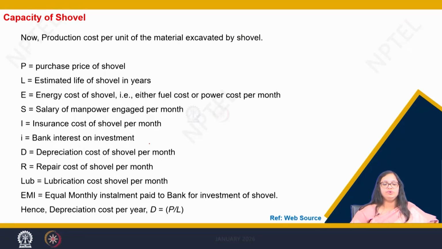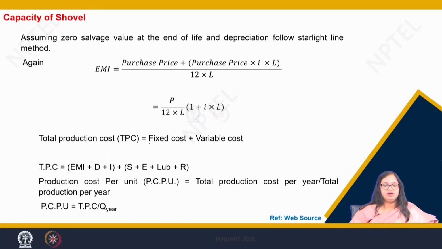Now, how do we know what is the production cost per unit of the material that is excavated by a shovel? Well, there is a formula which gives us the total production cost, which is the fixed cost plus the variable cost.